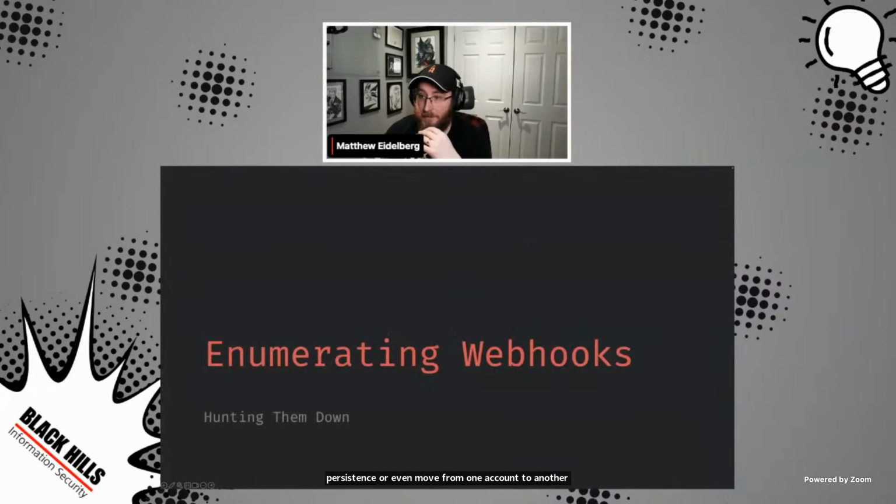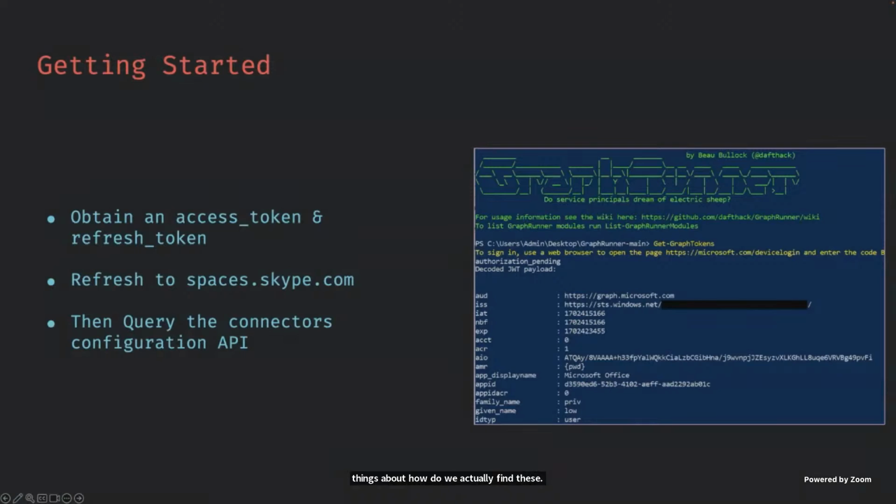But now let's dive into the more technical things about how we actually find these. So I mentioned before, once again, a huge shout out to Bo for all the hard work he did on GraphRunner. Truly an amazing tool for doing any type of graph or API based attacks. Here, you start by requesting a graph token. This is done through device login.